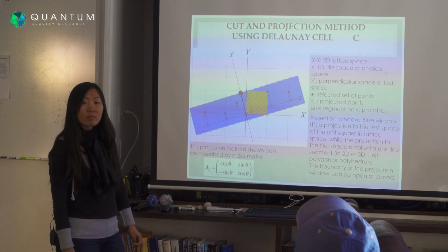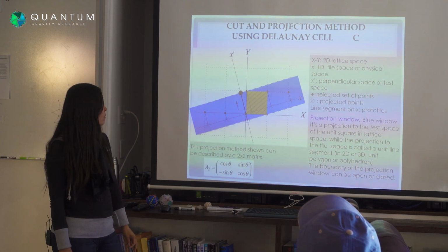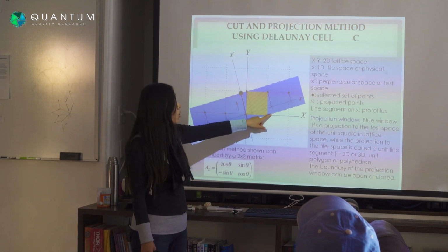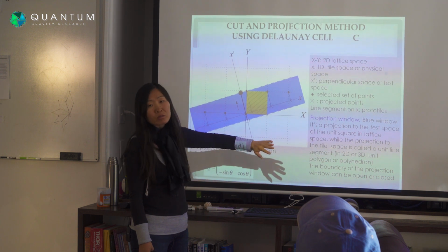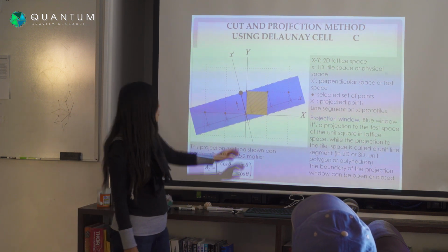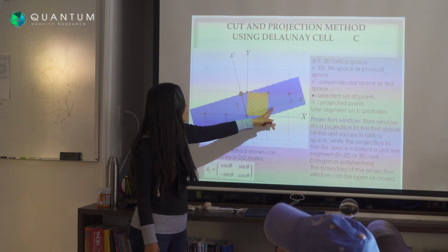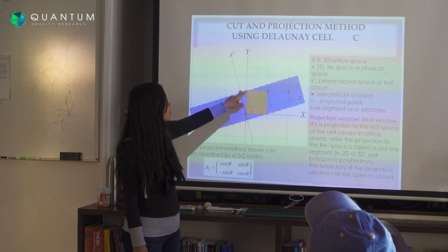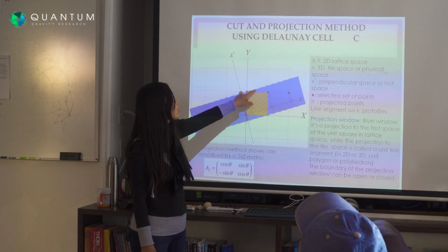What happens to the cell's bottom right corner? This one? Yeah. Because this is an open boundary, it is not included. But what about the top left? If it's on the boundary, does it get included? Yeah, this gets projected because this is a closed boundary.